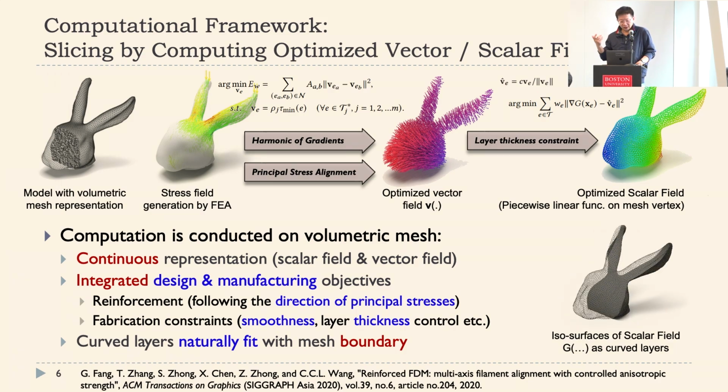As you can see from the bunny model, the layers give a very nice boundary following the original model, and the curved layers generated inside naturally fit with the surface boundary. This is very good for the downstream design and manufacturing process.